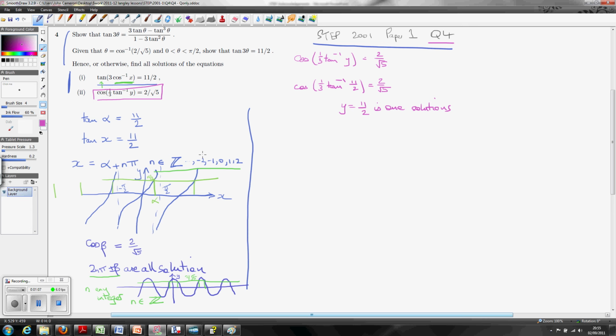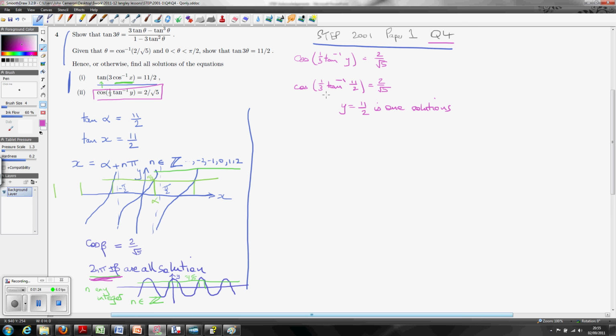In the preamble to the earlier presentation we showed that if you're looking for all the solutions of a cosine equation, then 2nπ plus or minus the solution you've got gives you all the solutions.